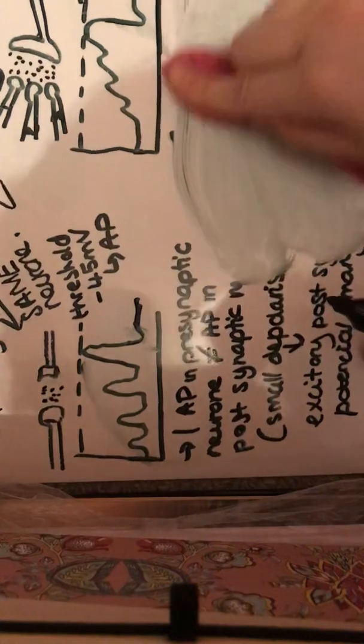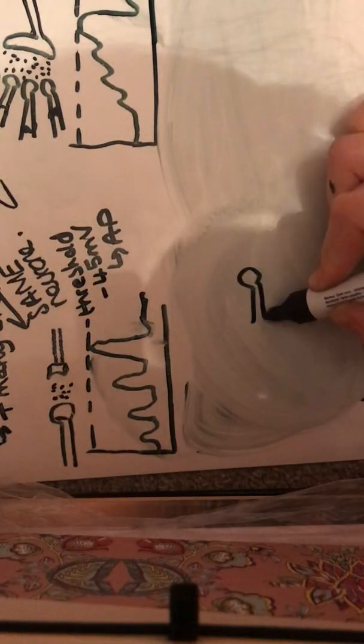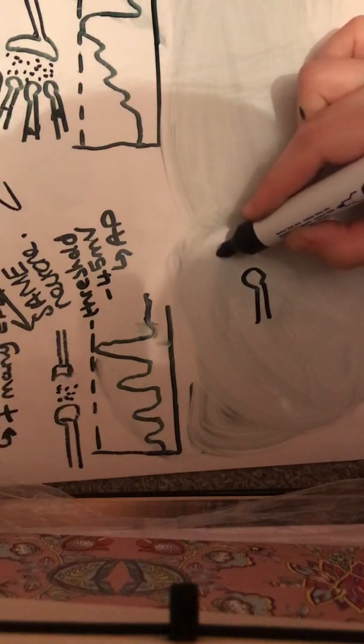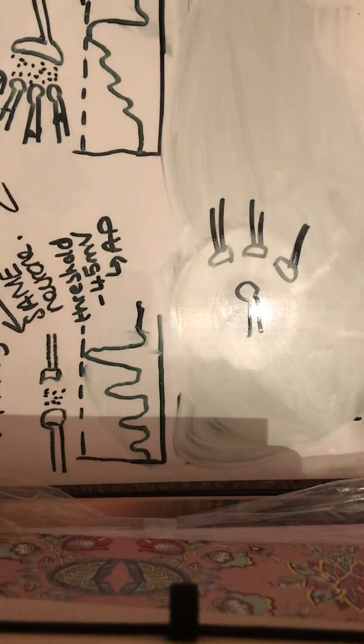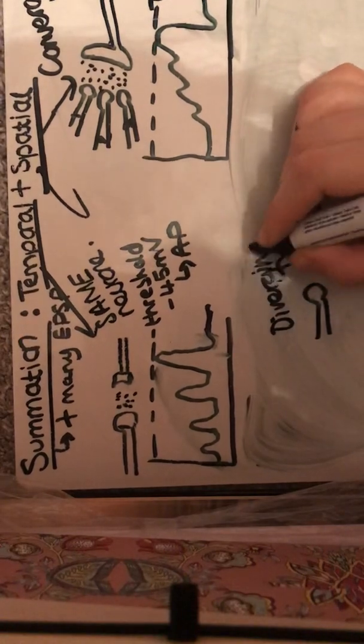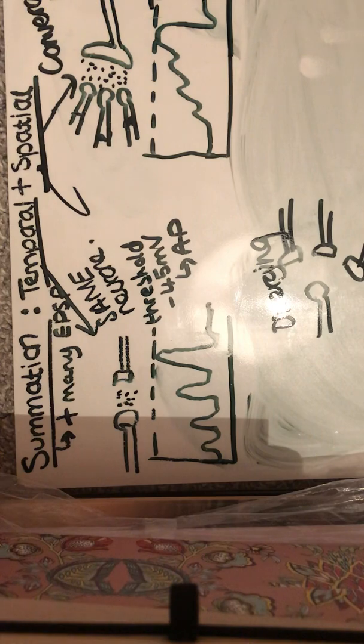You can converge or diverge. What would happen if it was diverging? You would get one presynaptic neuron releasing into several postsynaptic neurons, and that's diverging. So this is all we're really saying, just these key terms there.